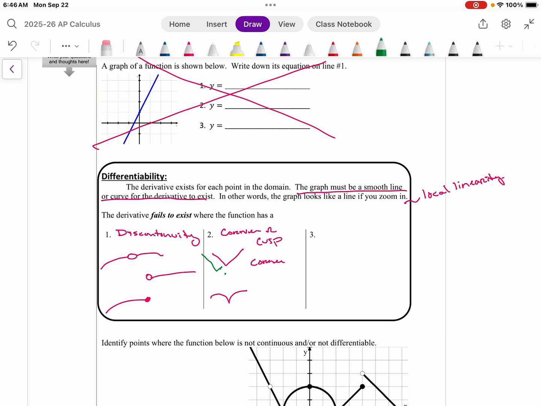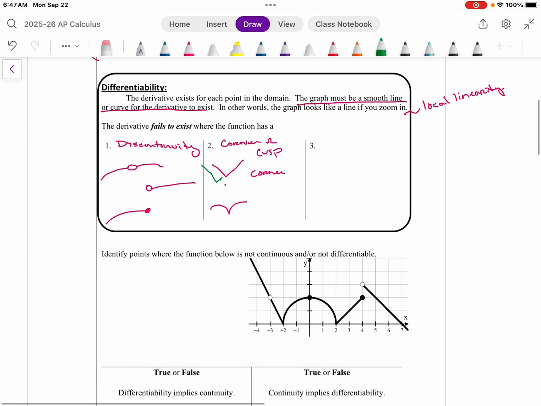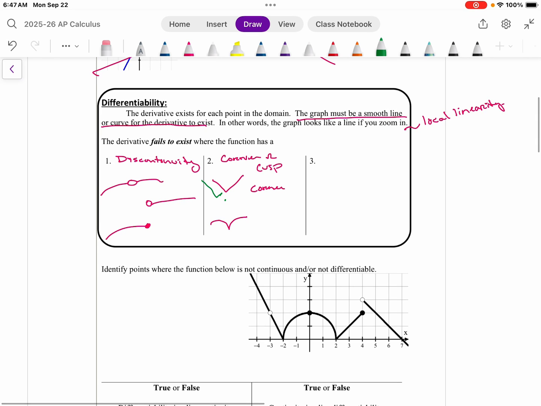And then the third one would be if we have a vertical tangent. Meaning that as I look at the slope of a tangent line on different parts of the curve, at one certain point we actually have a vertical tangent. So let's say we have this graph, and it went straight up and then like that.